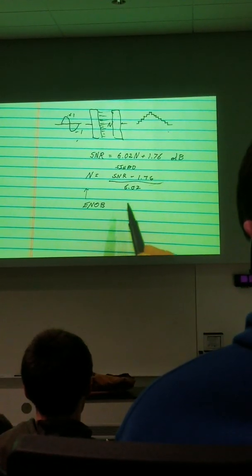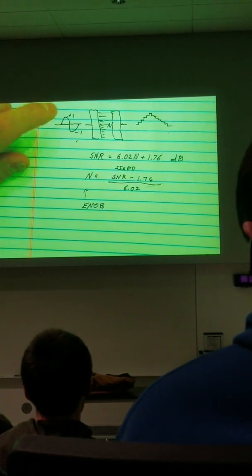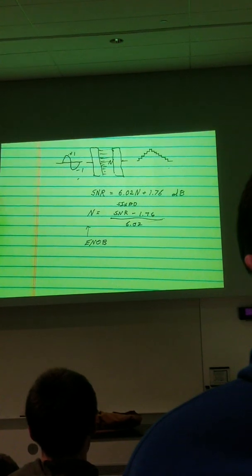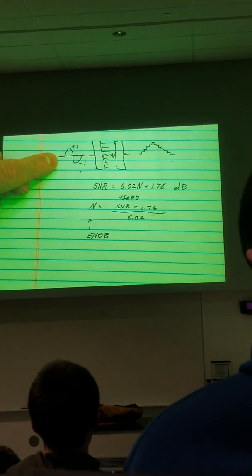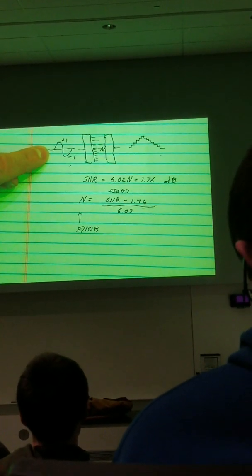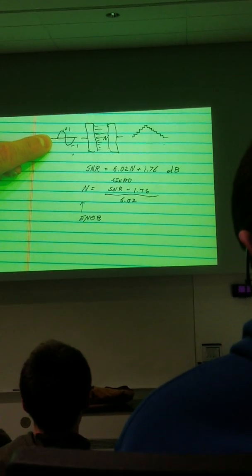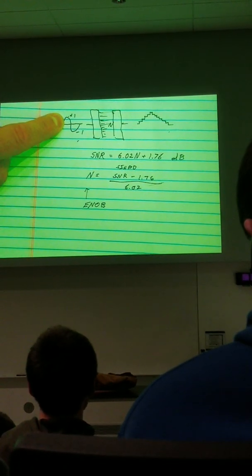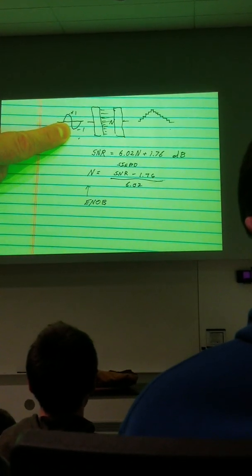Now notice that this is predicated on the fact that what we put in here for a signal was full scale. In other words, +1 volt was the maximum input that the A to D could take, and -1 volts was the minimum. So that's full scale.